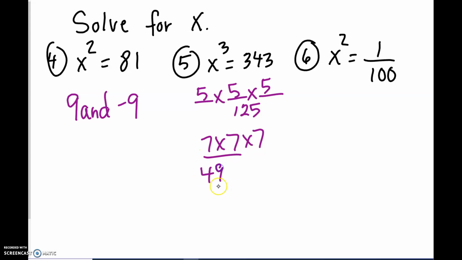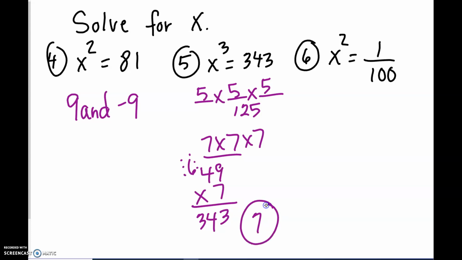So let's see, 49 times 7. 9 times 7 is going to be 63. That's looking promising. 7 times 4 is 28, plus 6 is 34. All right, so it looks like it works. So what cubed gives me 343? And the answer is 7.